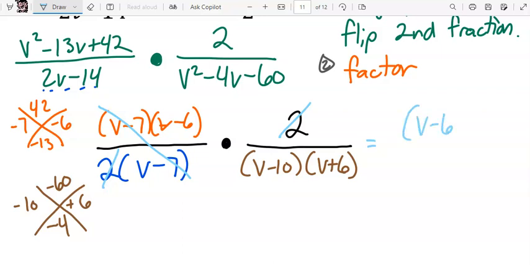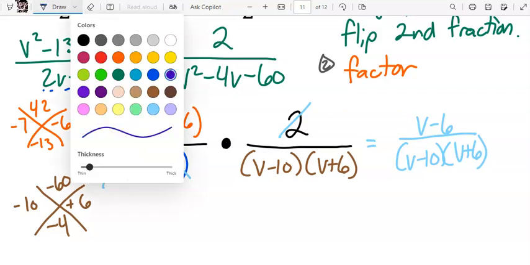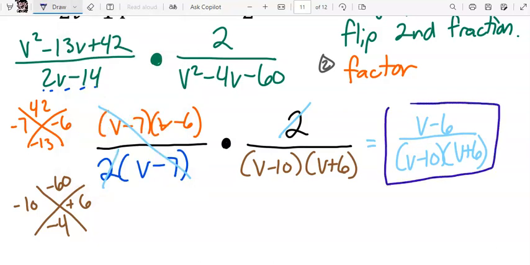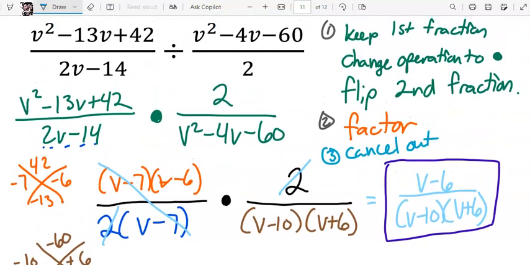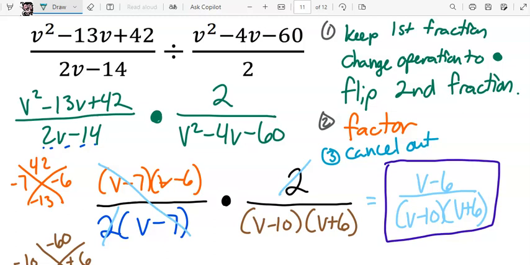V minus 6 all over V minus 10 times V plus 6. And that would be your simplified expression. So your steps, we want to keep, change, flip, factor, and then cancel out like factors.